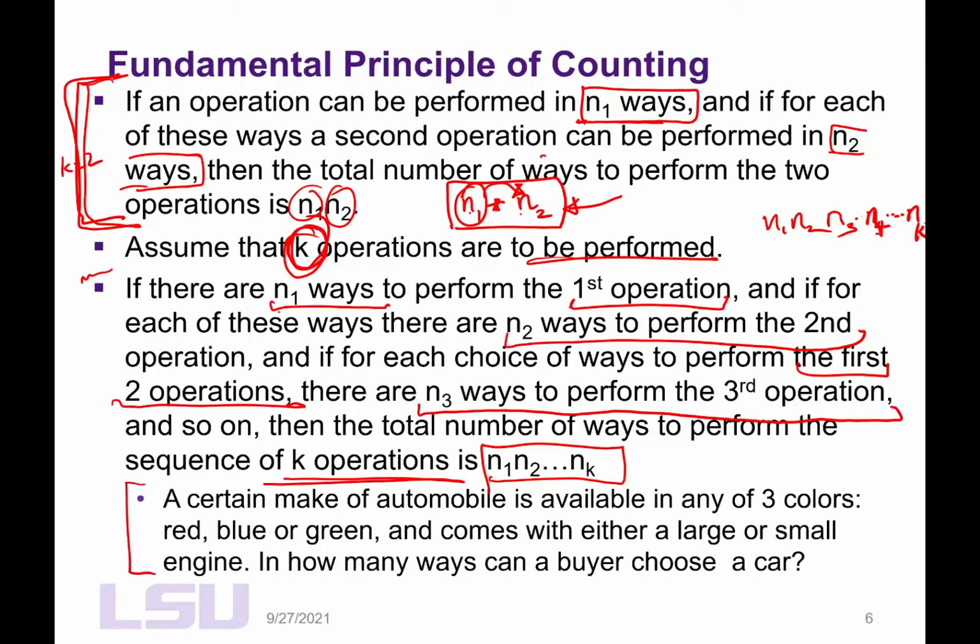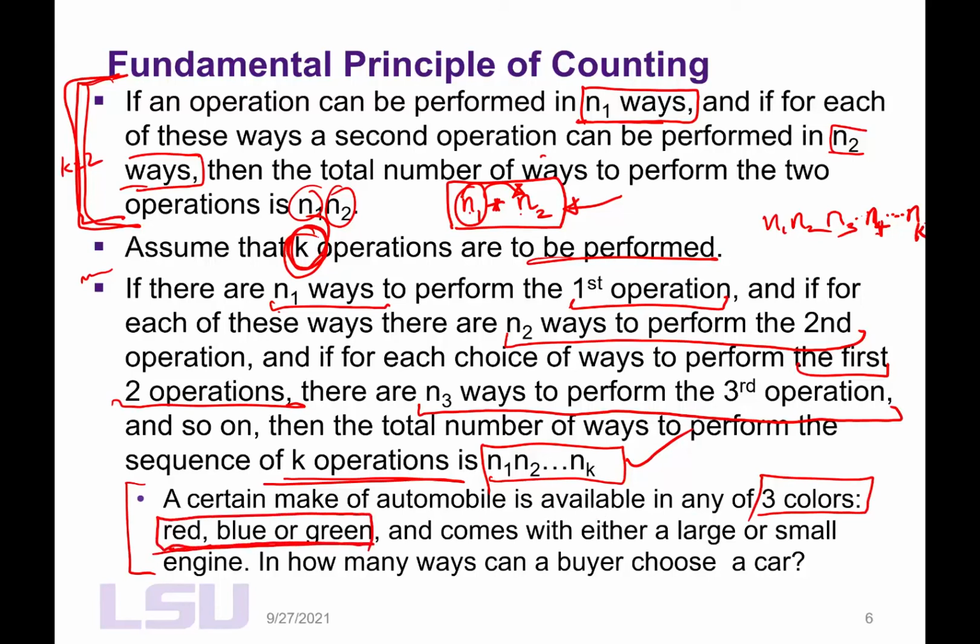Now we give an example of what a problem testing you on this understanding could look like. And these are the kinds of questions you can see in your quiz or midterm or final exam. A certain make of automobile is available in any of three colors. It's red, it's blue, or green.